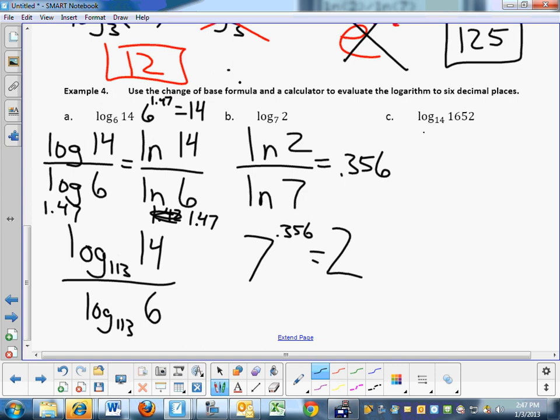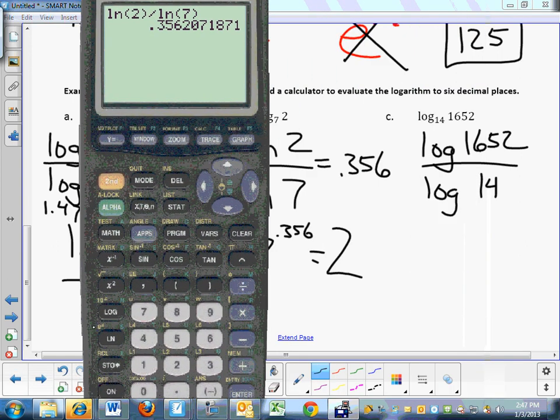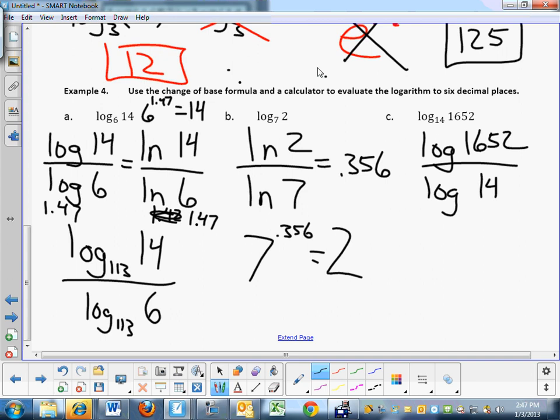And finally, the last one, again, if you want to choose base 10, log base 10 of 1,652 divided by log base 10 of 14. 0.808. And that's it.